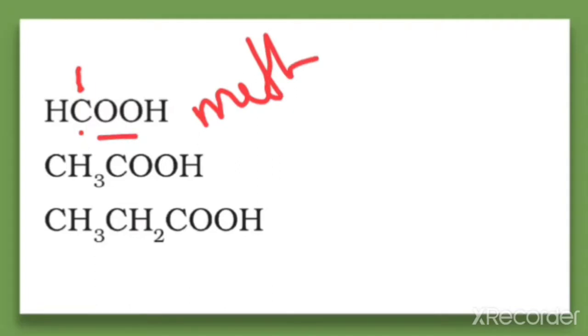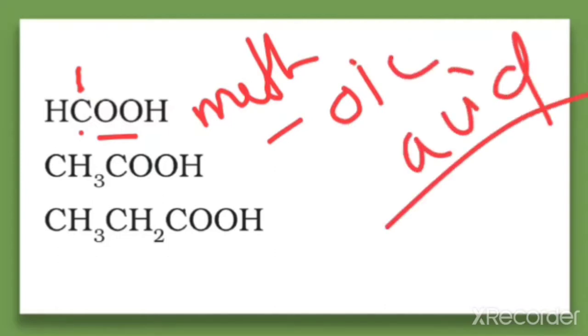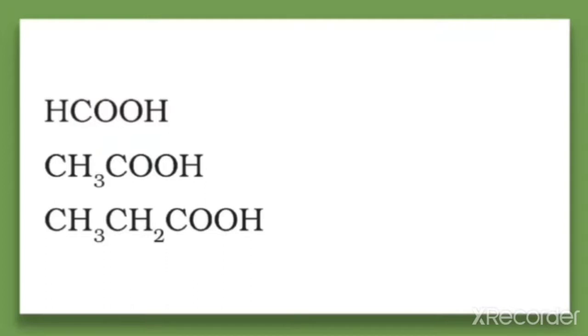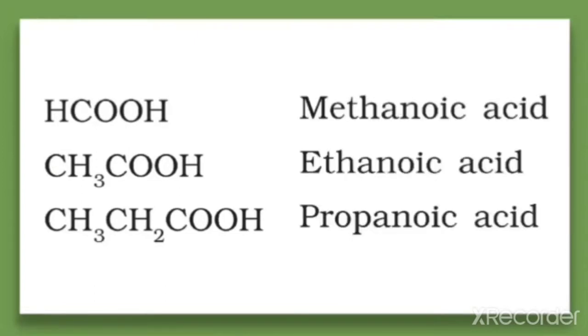When we use the suffix for the functional group COOH, we have to use the suffix oic acid. So what will be the name for this one? That is methanoic acid, because here you have to use the primary suffix an. The second one is 2 carbon, so we use the word eth, and the third has 3 carbon, therefore prop is used, and all the carbon-carbon bonds are single, therefore we use the primary suffix an.